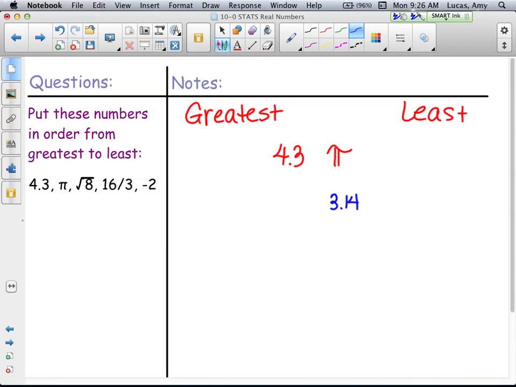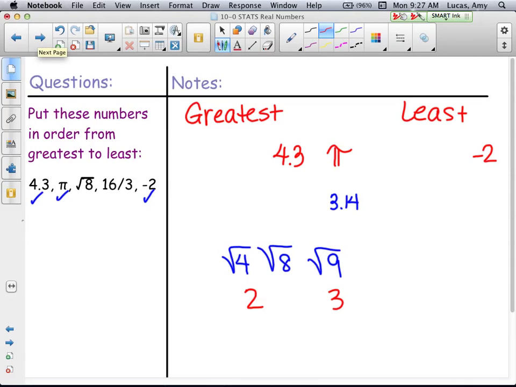So I have used 4.3 and pi. -2 is a negative number, so I'm going to put that one way down there, I would assume, because I don't see any other negatives. So now it's just a matter of the square root of 8. Well, I know the perfect squares on each side are the square root of 4 and the square root of 9, which equal 2 and 3. So that means it's between 2 and 3, so I'm going to have to put it over here.